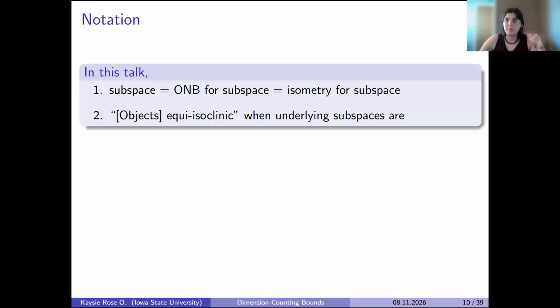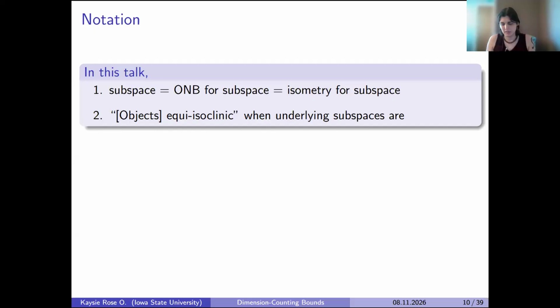All right. Before we really get into things, I just want to talk about some notations, some conventions I'm going to be using in this talk that are a little fuzzy. I'm not going to draw any distinction between subspaces, orthonormal bases for subspaces, or isometries for subspaces.